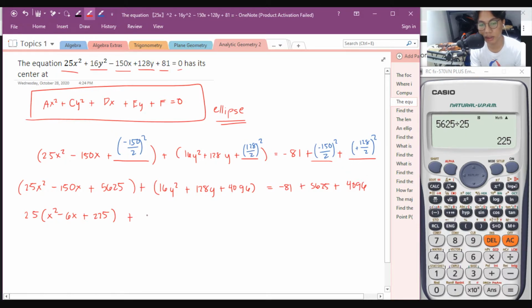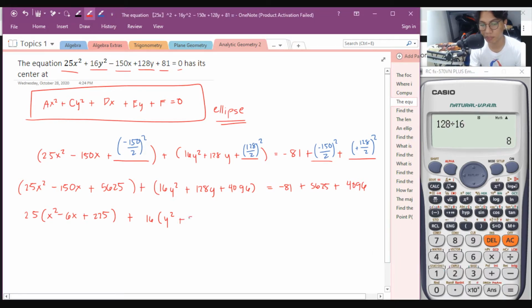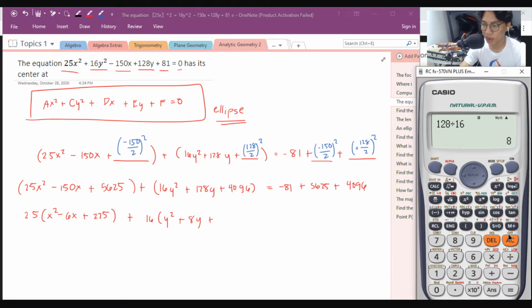Plus 16, factor out ko na yung 16, y squared plus 128 divided by 16. That is 8. 8y. Plus 4096 divided by 16. 256.